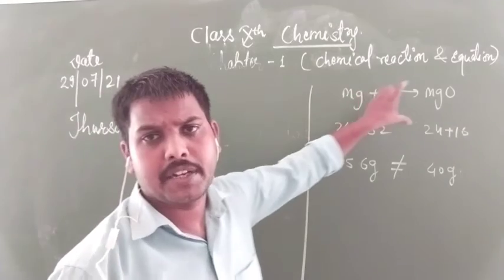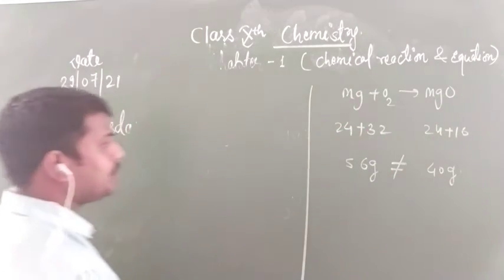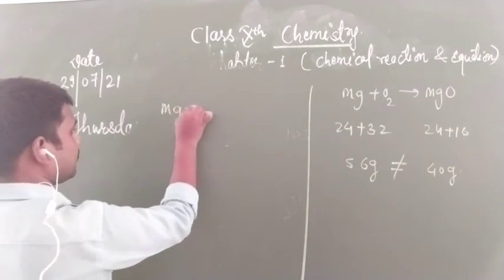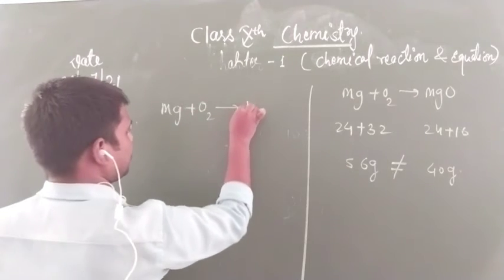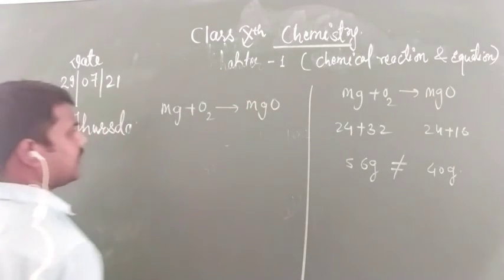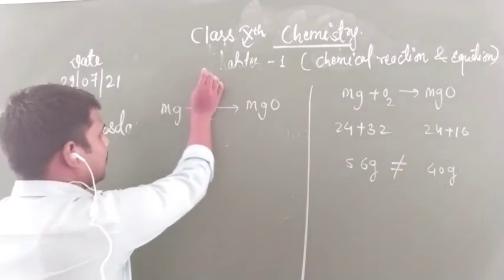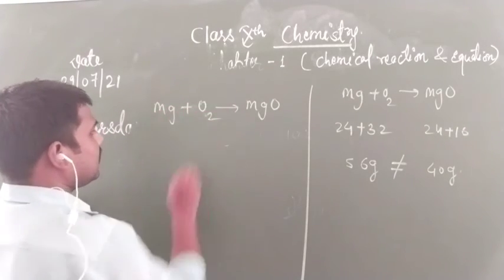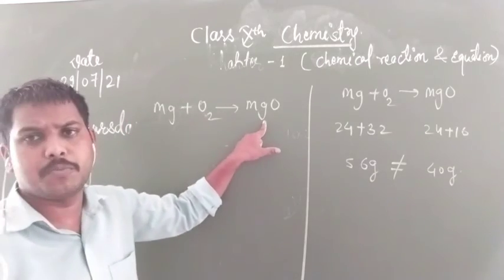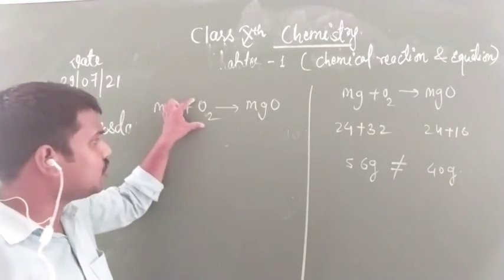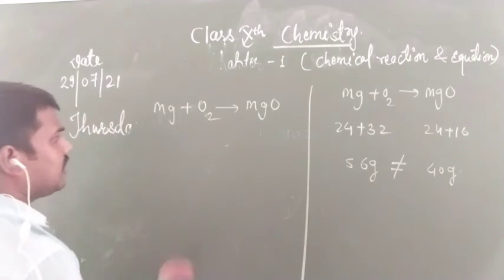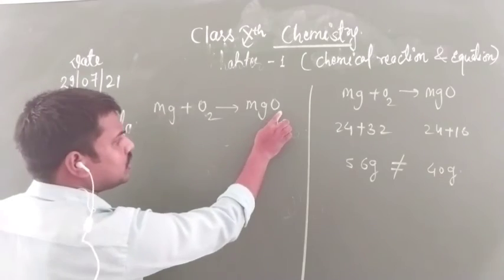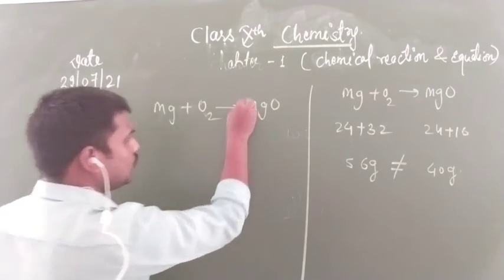Now balance this chemical equation, children. Magnesium plus oxygen gives magnesium oxide. Magnesium is balanced on both sides, but oxygen is not balanced. There are 2 oxygen and 1 oxygen, so you will multiply by 2.